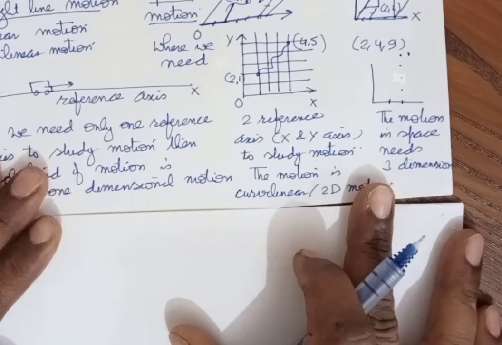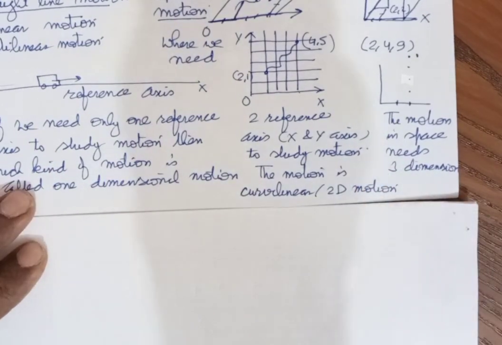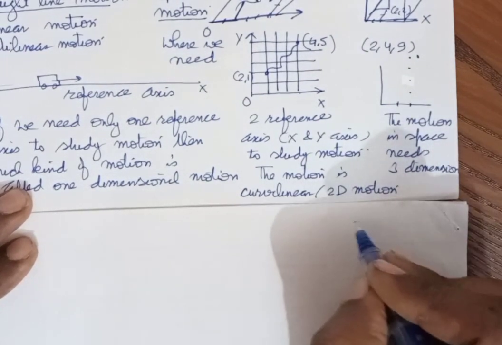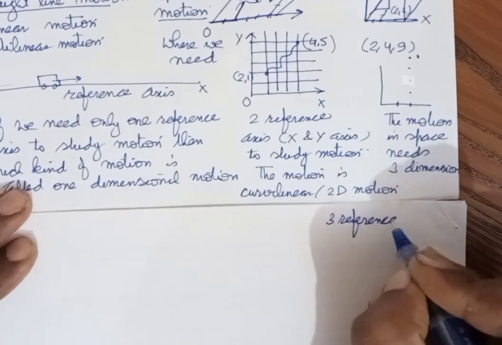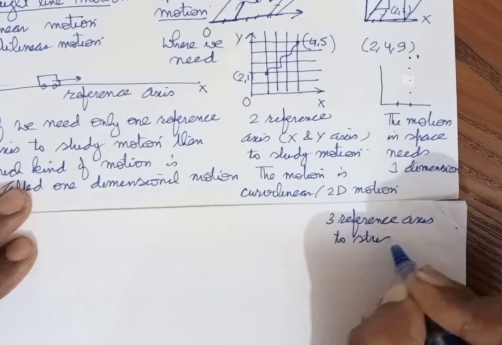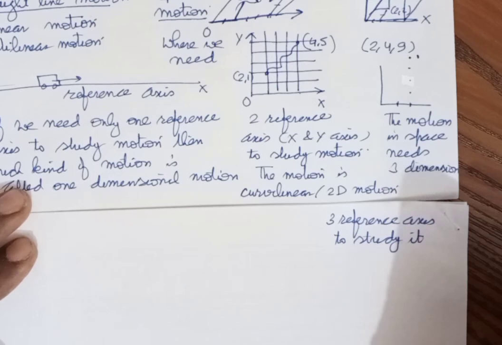So motion in space needs 3 dimensions or 3 reference axes to study it. So this is the motion in space.